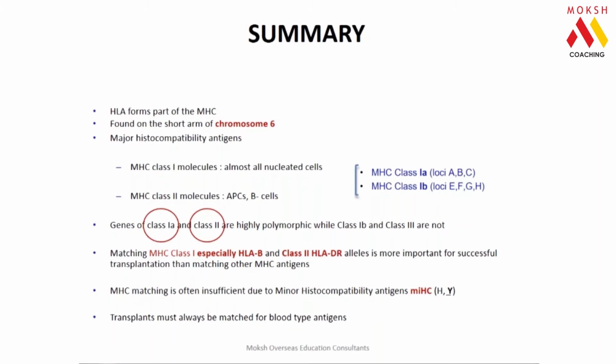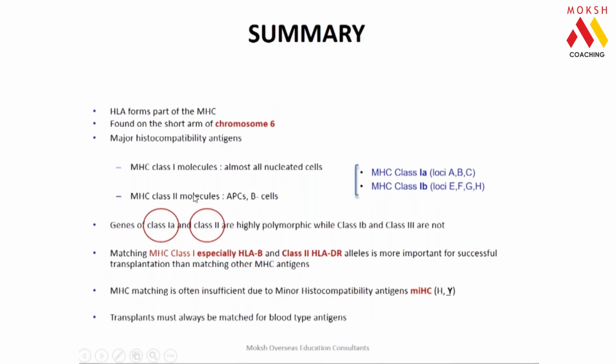There are different classes, MHC class 1 and MHC class 2. The HLAs that encode for MHC class 1 are different than the ones that encode for MHC class 2. We have HLA-A, HLA-B, HLA-C, HLA-E, F, G, all encoding for MHC class 1.